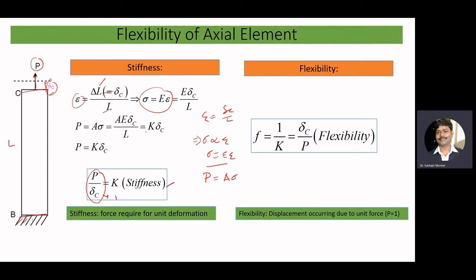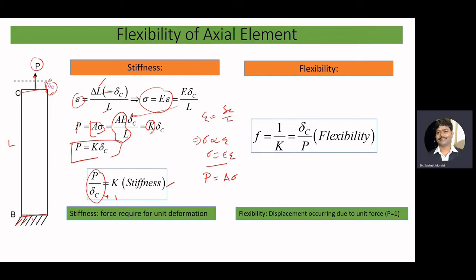If we put this value here, we get force P, that is AE times delta C by L. And this term we are writing as K. So here we are writing P equal to K times delta C.